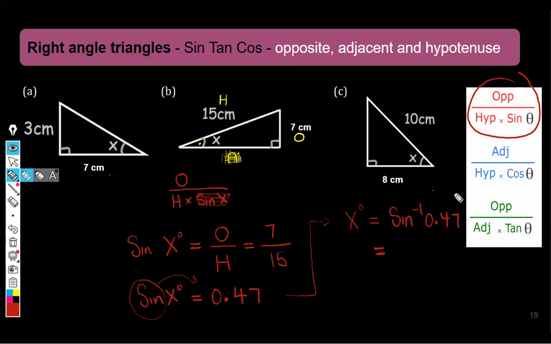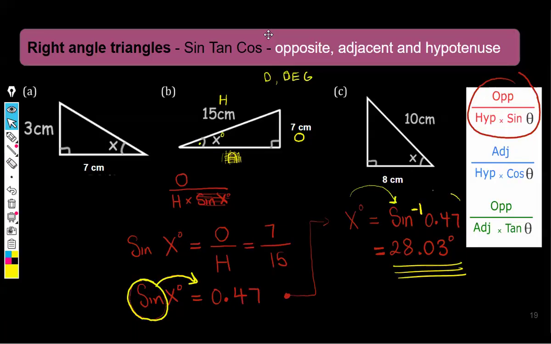Anybody disagree with what I said with the 0.47? I'm pretty sure it's 0.47. Yes, that's correct. Anyway, let's go ahead. It's just a matter of typing in properly on the calculator. Second function sine 0.47 is 28.03 degrees. Make sure you physically see that on your calculator.